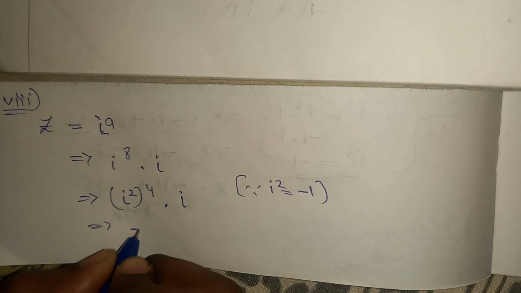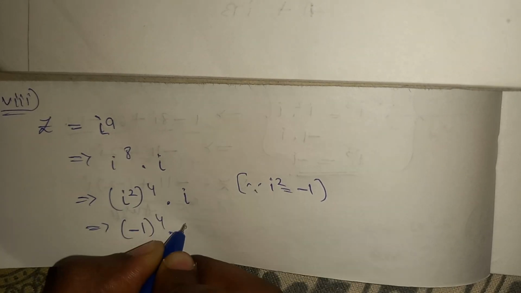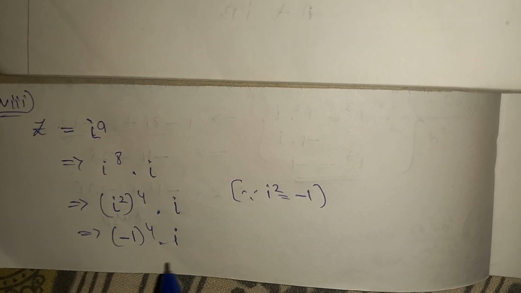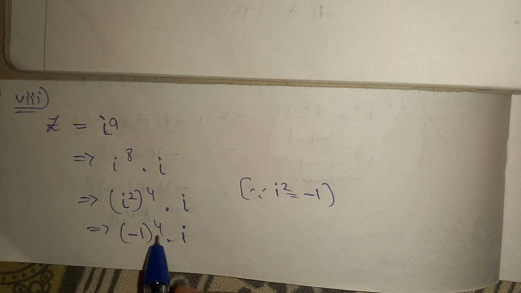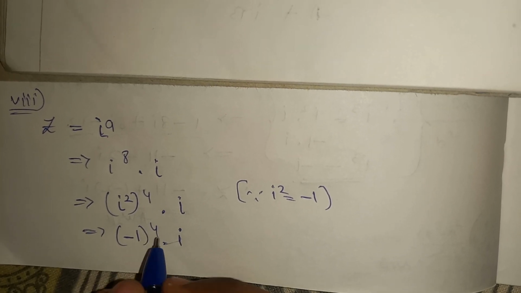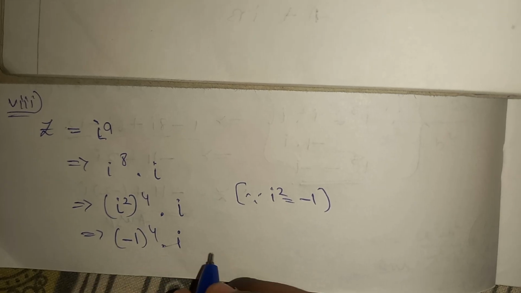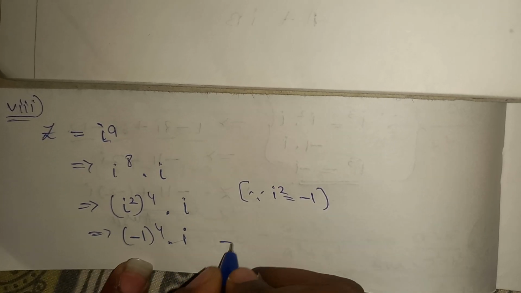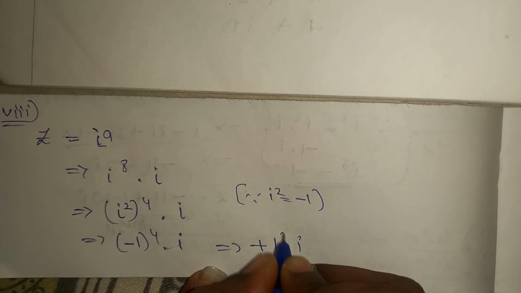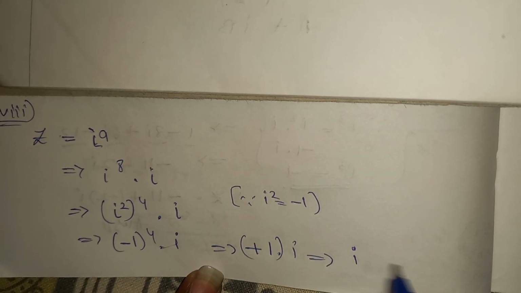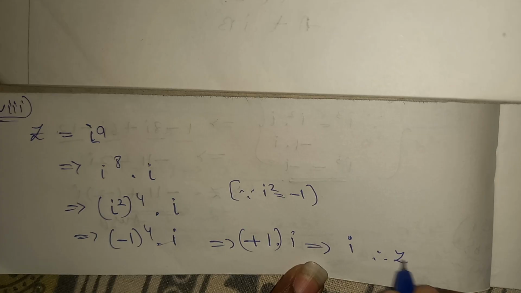Substituting, we get minus 1 to the power 4 into i. We know that when any negative number is raised to an even power, we get it as positive only. So minus 1 to the power 4 is nothing but plus 1 into i, which is equals to i. Therefore z is equals to i.